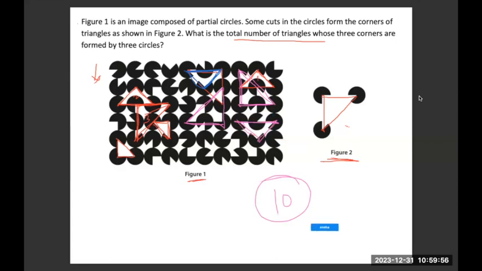So likewise, we get 10 such triangles. Any doubts, any questions?